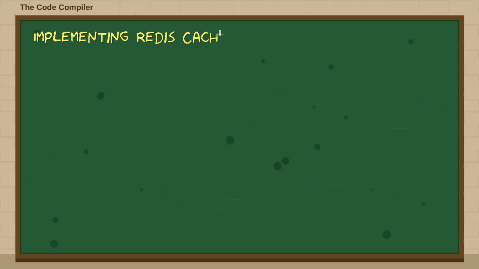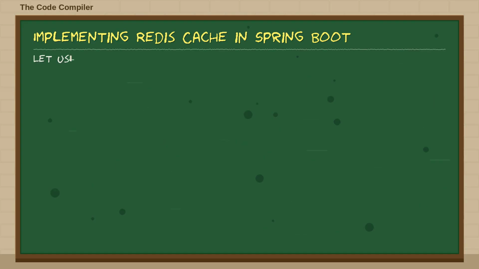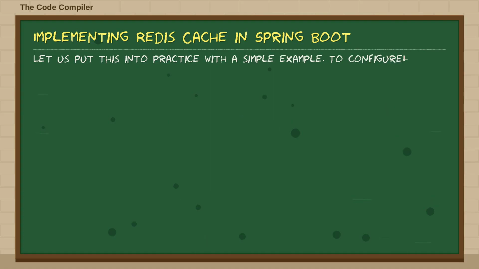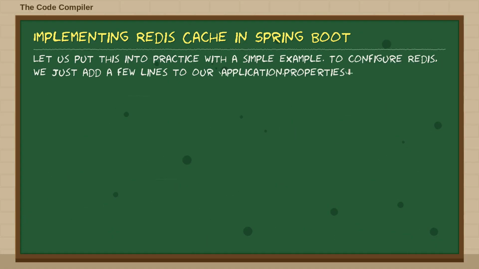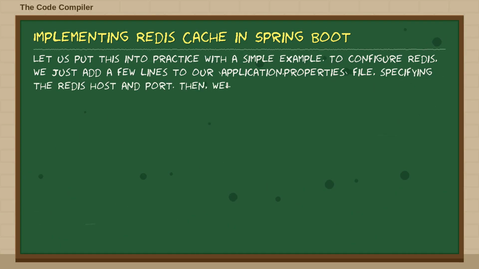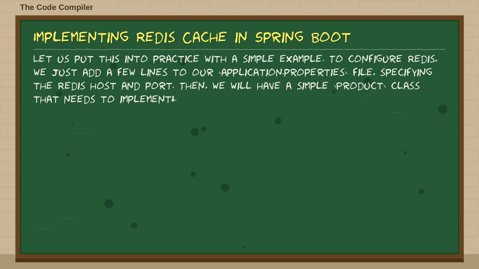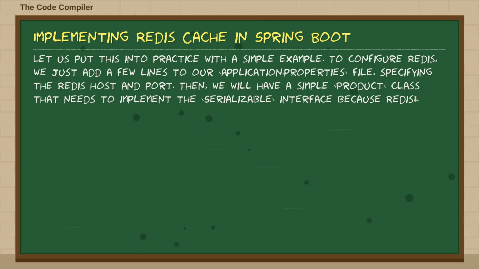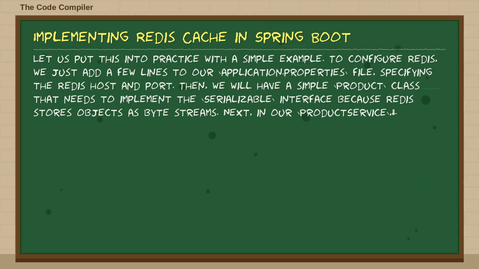Let us put this into practice with a simple example. To configure Redis, we just add a few lines to our application.properties file specifying the Redis host and port. Then, we will have a simple product class that needs to implement the Serializable interface because Redis stores objects as byte streams.